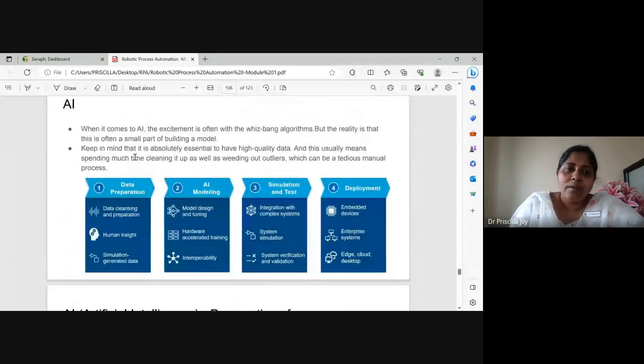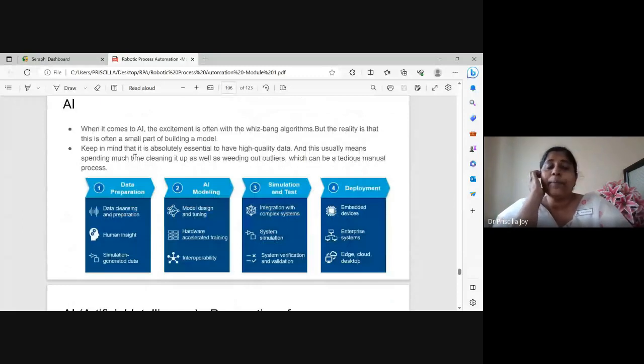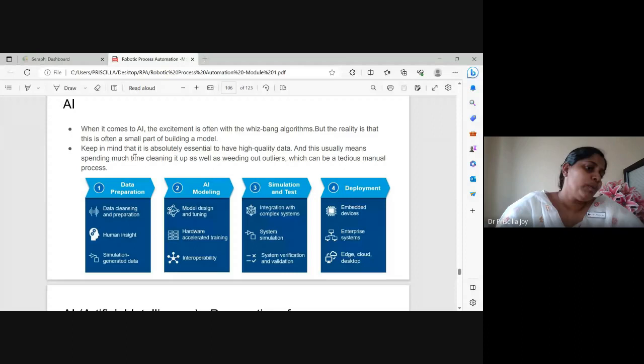And in the case of artificial intelligence, we come across several processes. The first thing is data preparation, where we have the data pre-processing concept, in which the cleansing and preparation of data happen. Cleansing the data means taking into account all the data that is there.